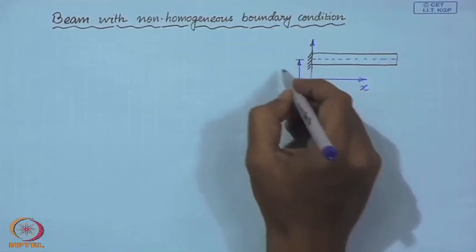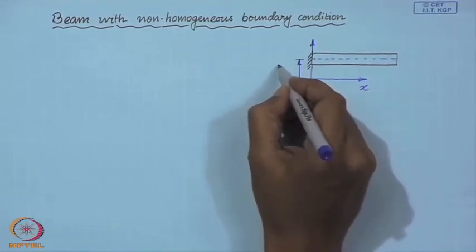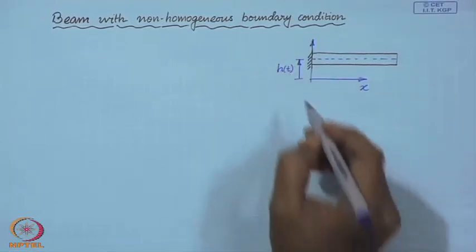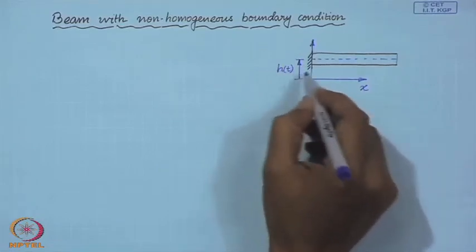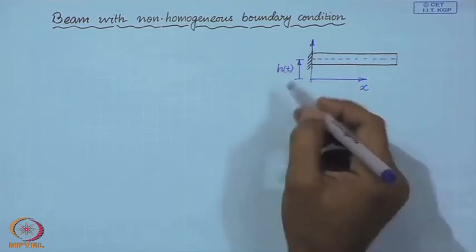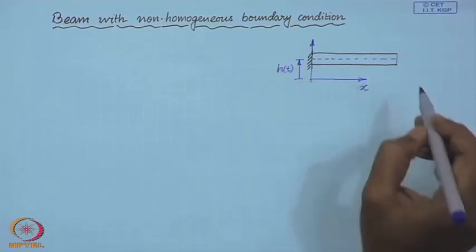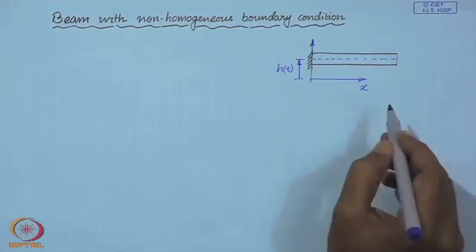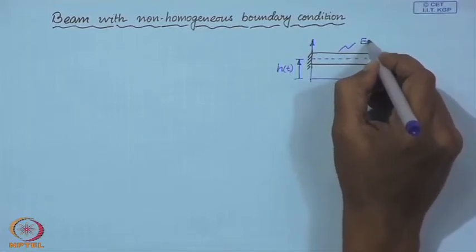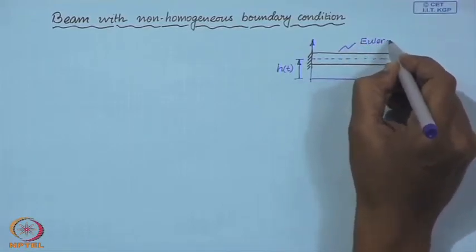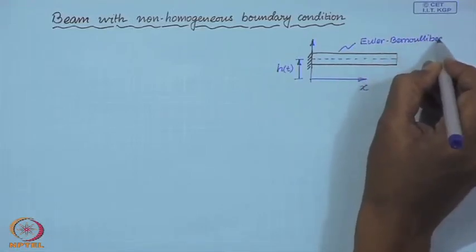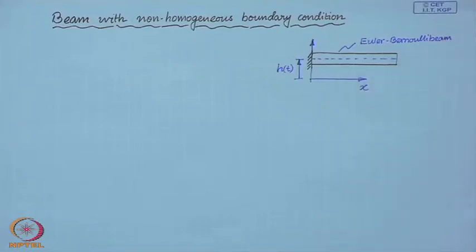So, we can consider that this motion of the base is given by h of t. This is a time varying function which is specified, let us say, and we will consider that this is an Euler-Bernoulli beam.